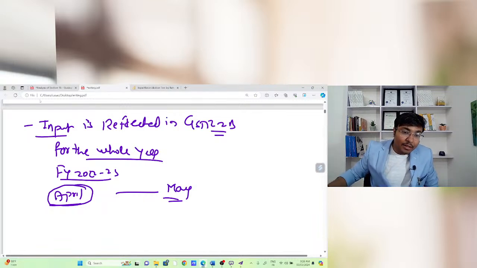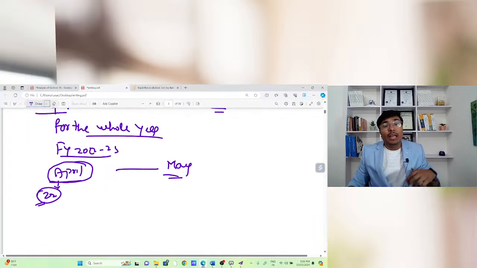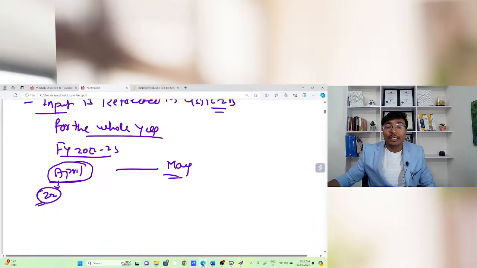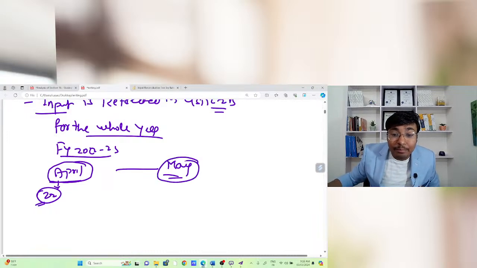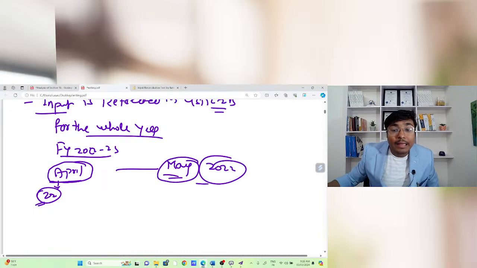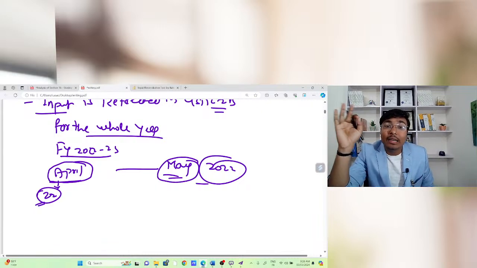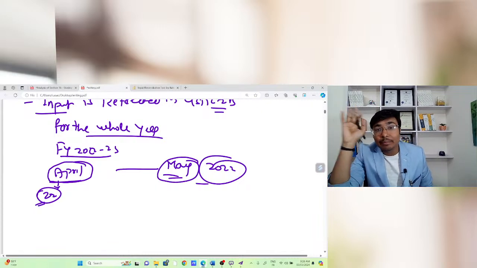But in that case also, suppose there is an input tax credit which is related to April 2022 and the same is not reflected in April 2022 in GSTR 2B, but the same is reflected in May 2022. In that case, the eligibility to claim input tax credit will be in the May month.